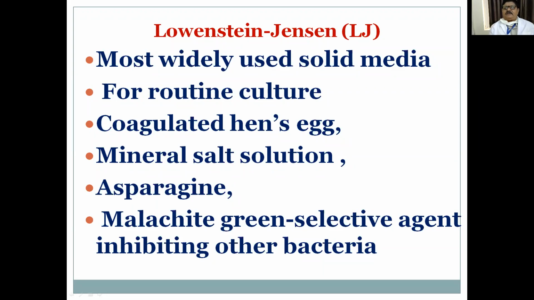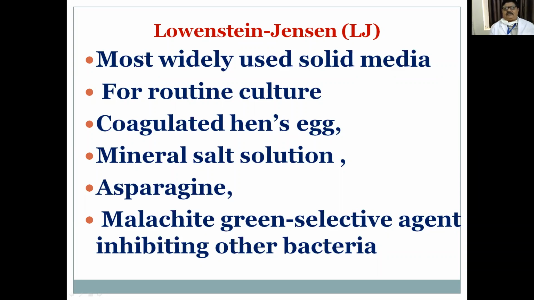Why I am telling you this is, often a big question is asked: the agar percentage of Lowenstein-Jensen medium is 6%, 4%, 2%, nil? So please say that it doesn't contain agar. Loeffler serum slope is another medium which doesn't contain agar.